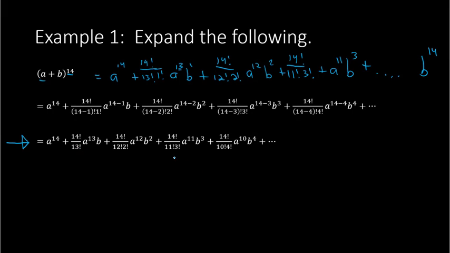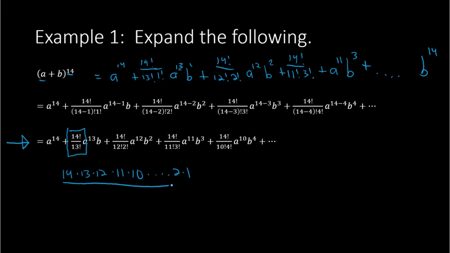So to simplify, what we have is for the first factorial, 14 factorial over 13 factorial. I guess make sure you know how factorial works. So we're assuming you know what factorial means, but remember that 14 factorial means we have 14 times 13 times 12 times 11 times 10, etc., all the way down to 1.